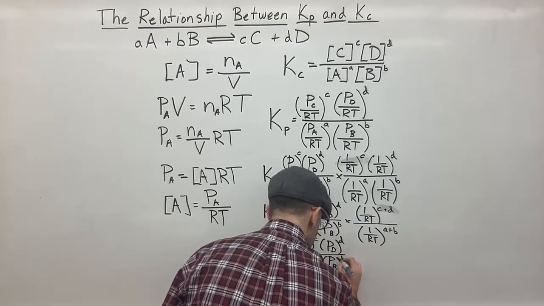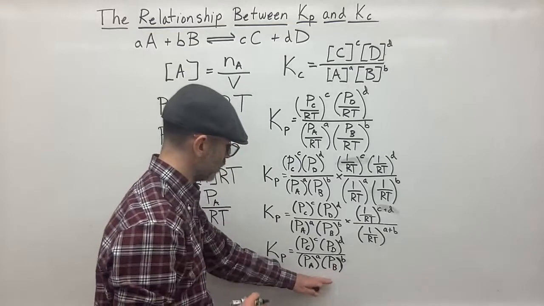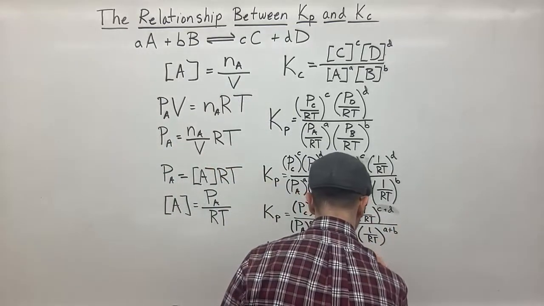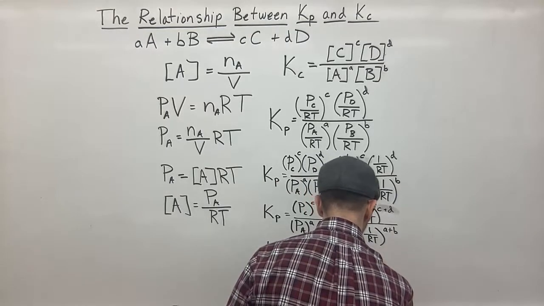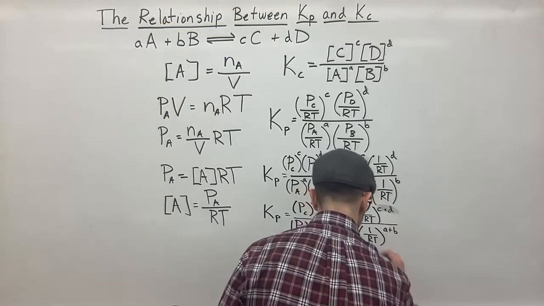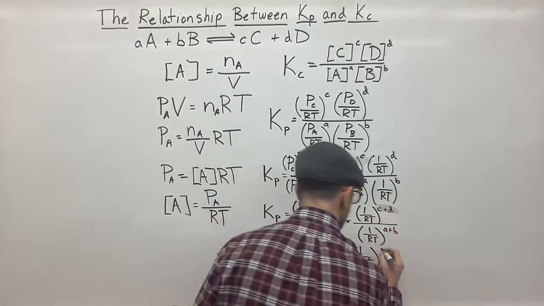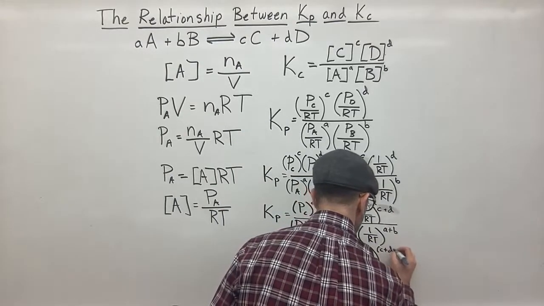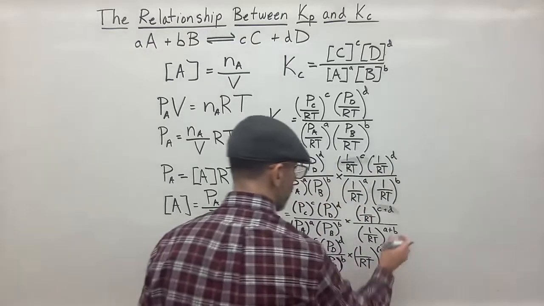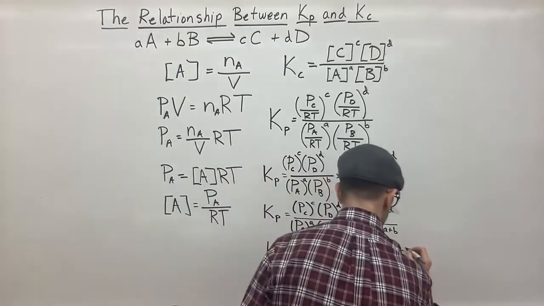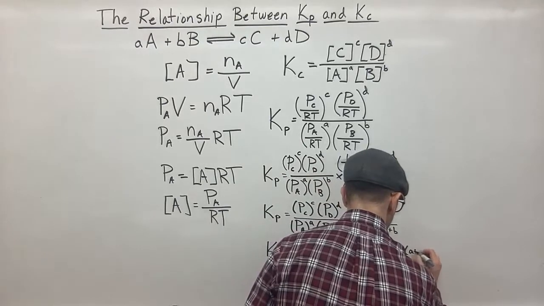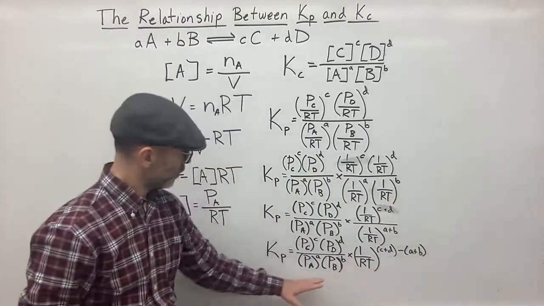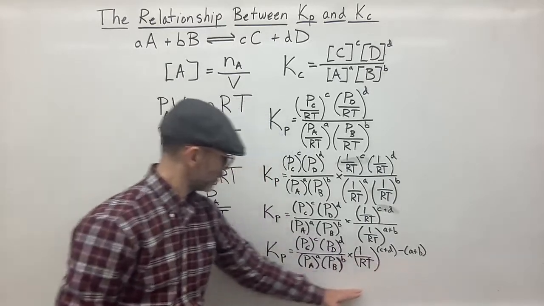Okay, so that expression again, and then this would be multiplied by 1 over RT, and then this C plus D, and then we're subtracting A plus B. So here is our expression now.